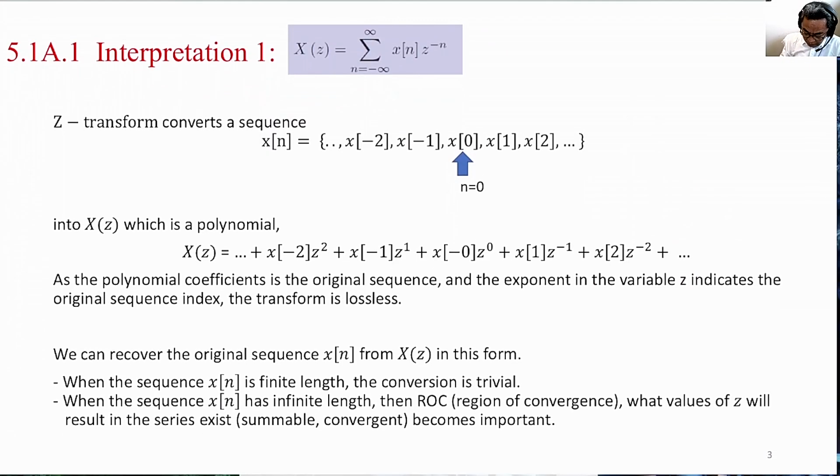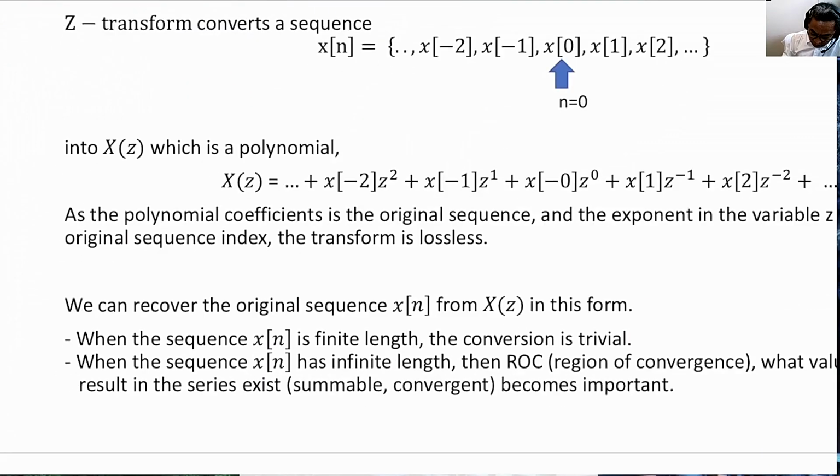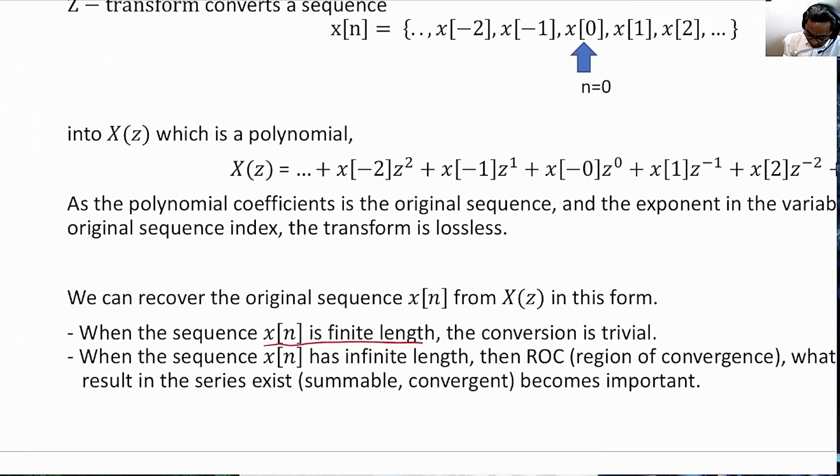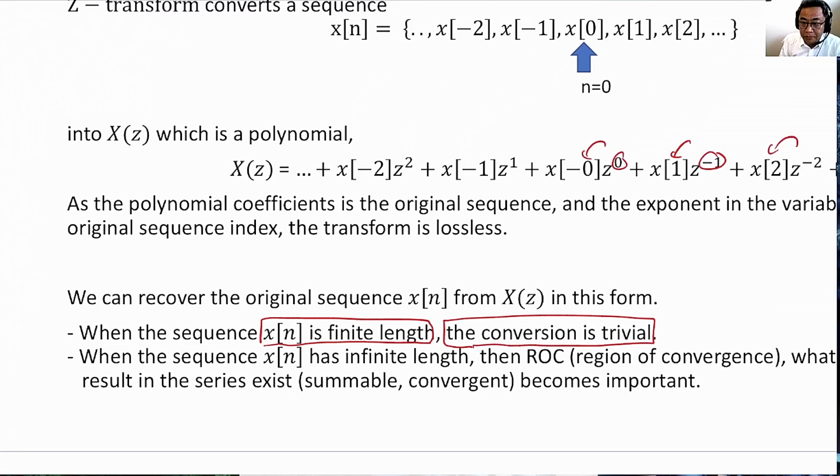So this is the explanation that I have just offered, and we can see that for finite length x of n, the polynomial is of finite power and the conversion is trivial because we can simply identify the power as well as the coefficients of the original polynomial.